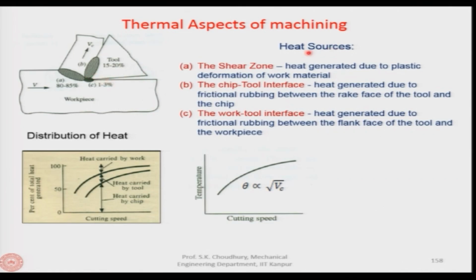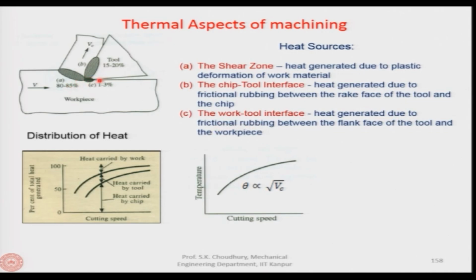Now, the heat sources therefore are the shear zone, heat generated due to plastic deformation of the work material; the chip tool interface, that is heat generated due to frictional rubbing between the rake face of the tool and the chip; and finally, the work tool interface, that is heat generated due to frictional rubbing between the flank face of the tool and the workpiece.